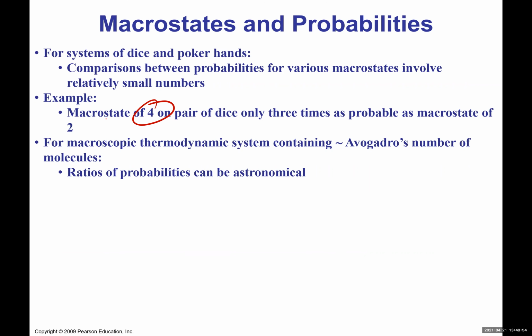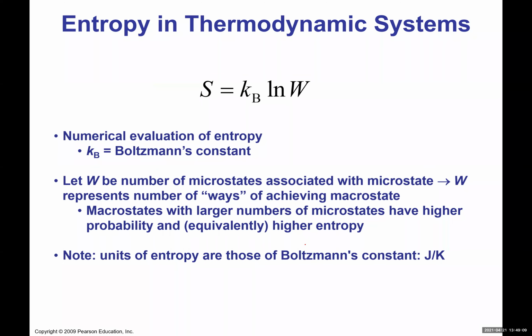So it's 3 times more probable. But when you talk about a macroscopic thermodynamic system containing an Avogadro number of molecules, the ratio of probabilities can be astronomical.